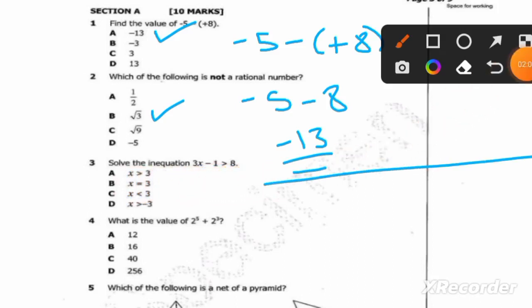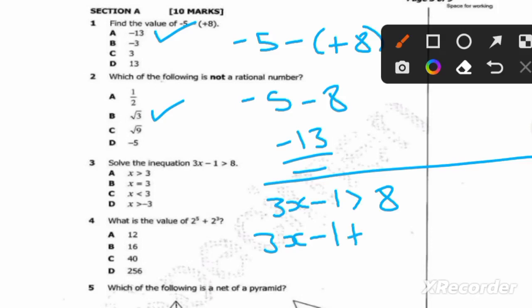Okay, so to solve this question, we are going to write it here. 3x minus 1 is greater than 8. So we are going to get rid of -1 on the left part of the equation so that we can solve for x. To get rid of -1, we are going to add 1.